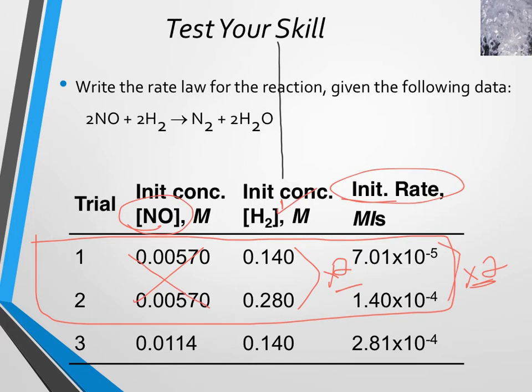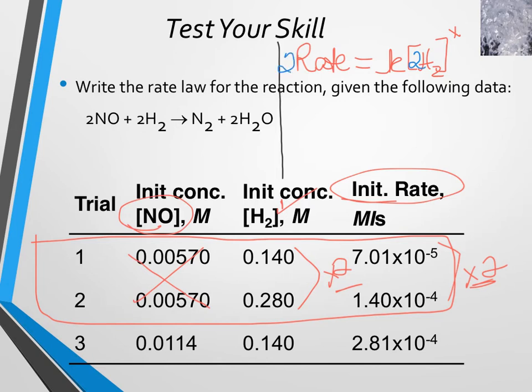If I write a generic rate law, the rate of the reaction equals a rate constant times the concentration, and we're talking about H2 at this point. We'll say the order is x, so pretend like we don't know it. Now, if we double the concentration of hydrogen, like we did going from 1 to 2, what happens to the rate?